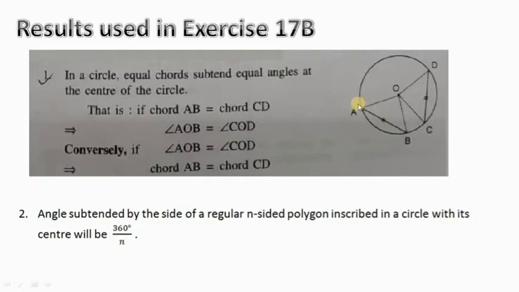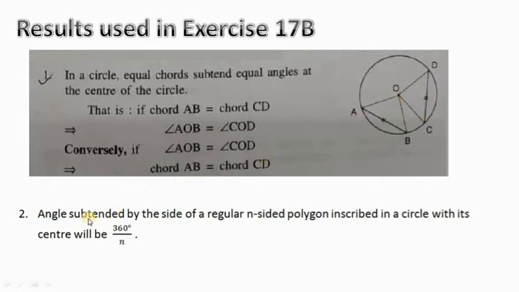The angle subtended by chord AB with the center is AOB, and similarly the angle subtended by CD with the center is COD. So according to the theorem, this angle and this angle have to be equal. That's what the theorem says about chords of equal length.